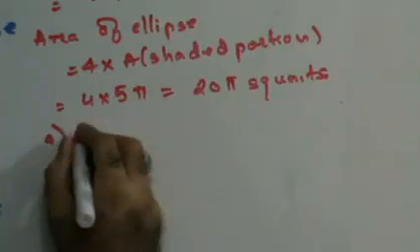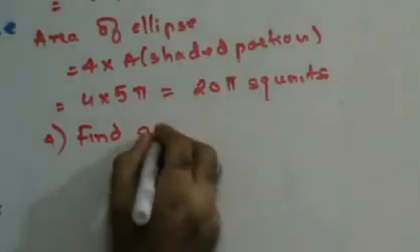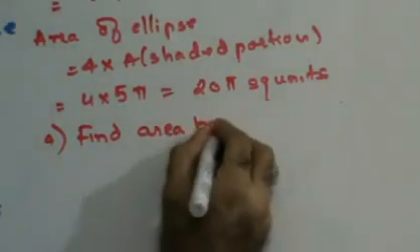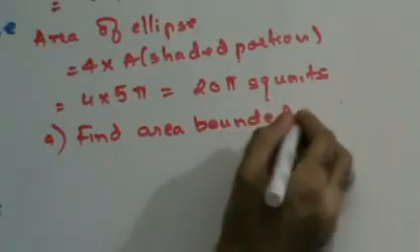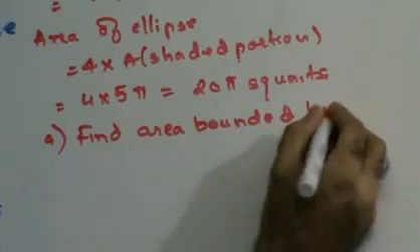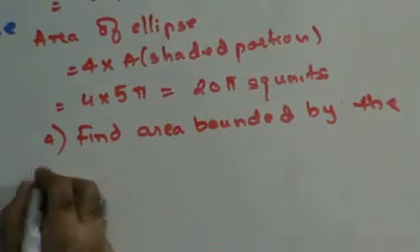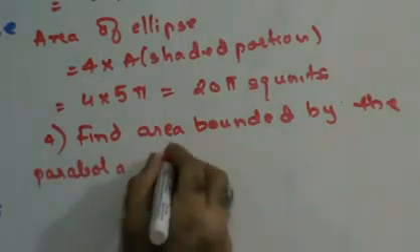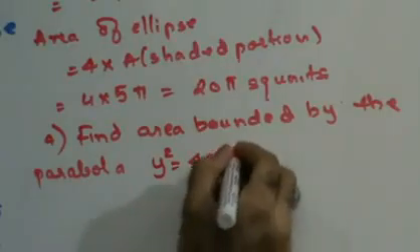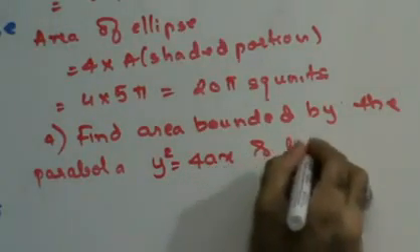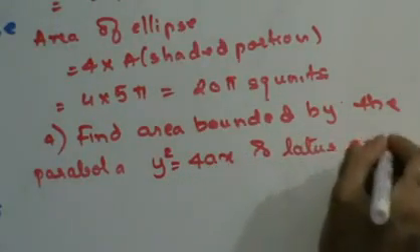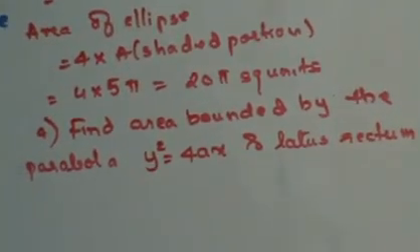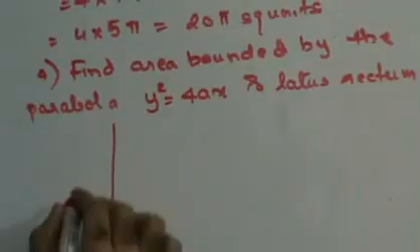Find the area bounded by the parabola y square is equal to 4ax and latus rectum. Right? Let's try to first visualize the figure, people.